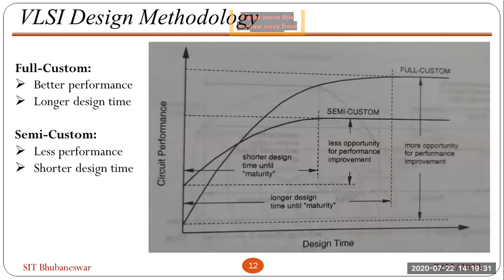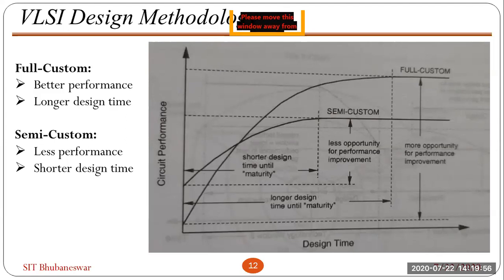But semi-custom design, that means all the digital chips, is based on semi-custom design. Here we need very little time to design, so we get less performance. In digital design, almost a billion transistors are there.